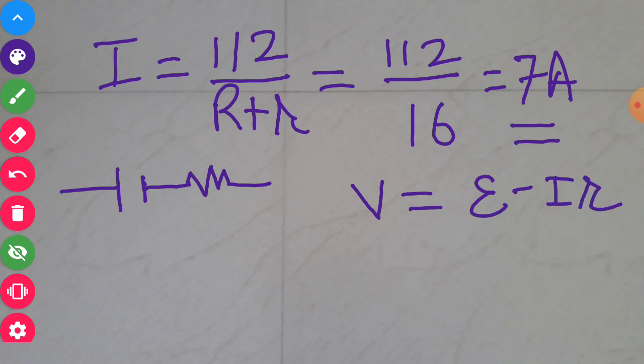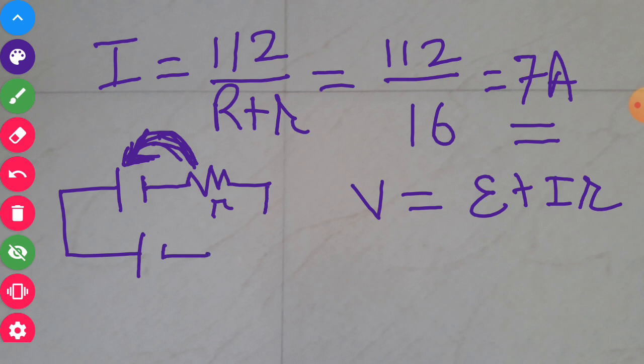Whenever there is a charging process, that much potential drop will be added. This resistance is not outside, it is inside the battery. It is internal resistance. Just to show it simply, we show it outside. Otherwise this resistance is inside, so this value becomes positive, or that much potential will be added.